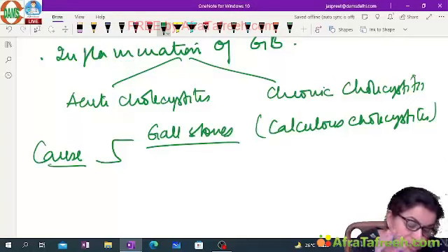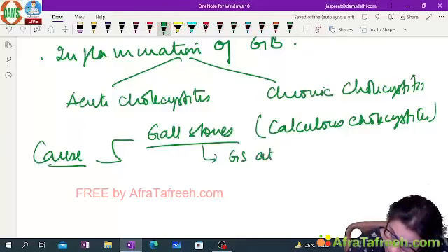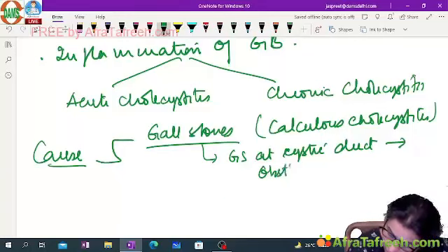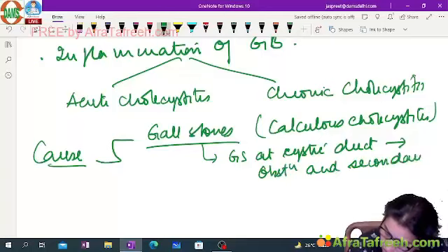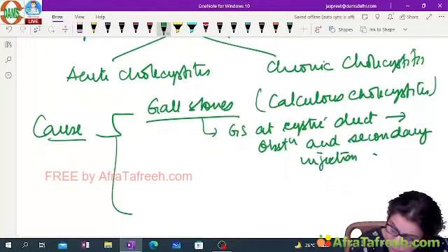So it blocks the cystic duct, causing obstruction and secondary infection. And that will lead to cholecystitis. So that is due to gallstone.